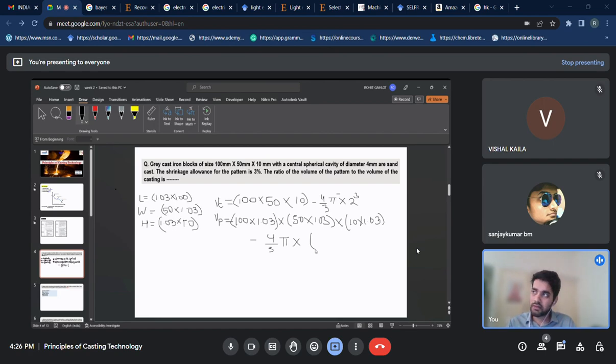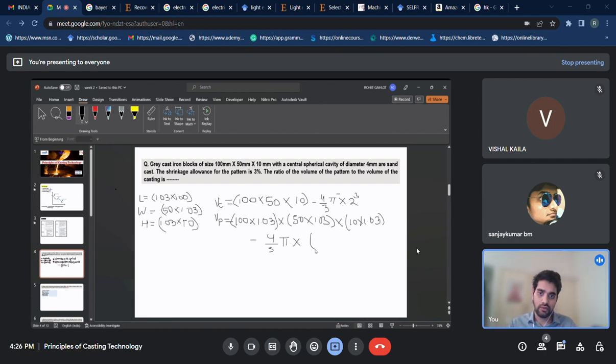The shrinkage allowance for the pattern is 3%, right? So whatever you do, I am also doing the same thing. If any side is increased by 3%, and previously it was 100, then it will become 103, right? And then if it is divided by 100, it will be 1.03. So each side will be increased by a factor of 1.03 itself, right?